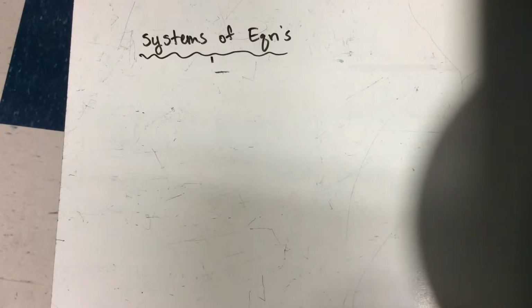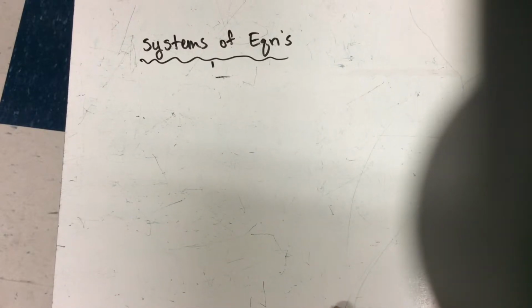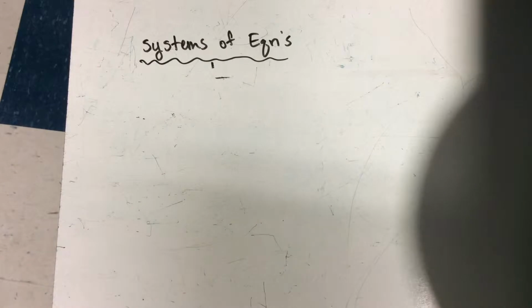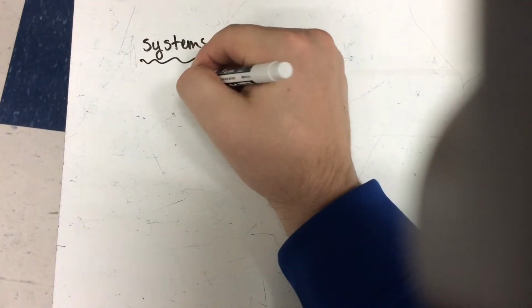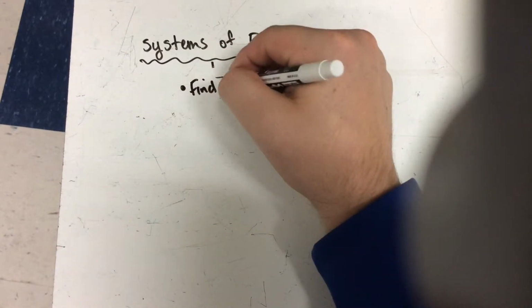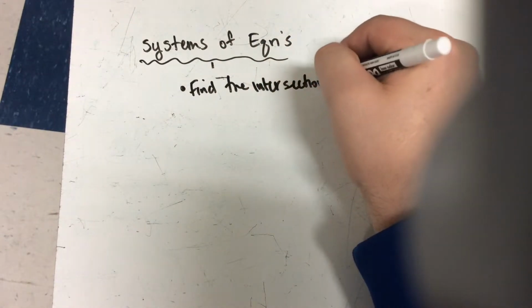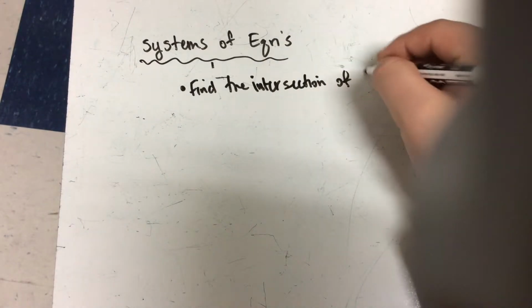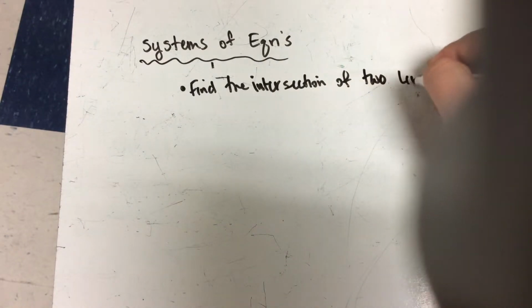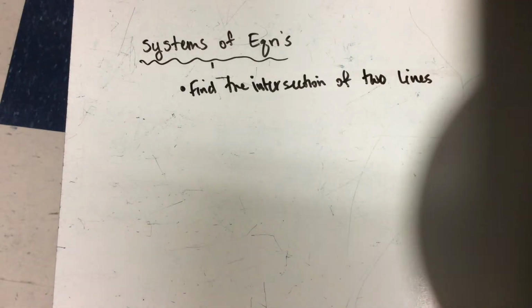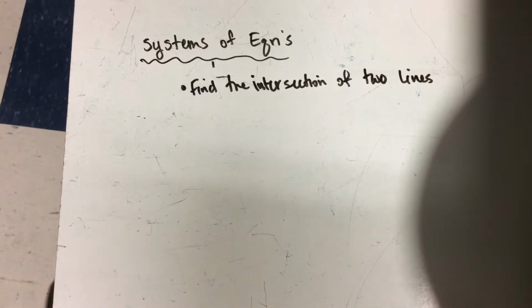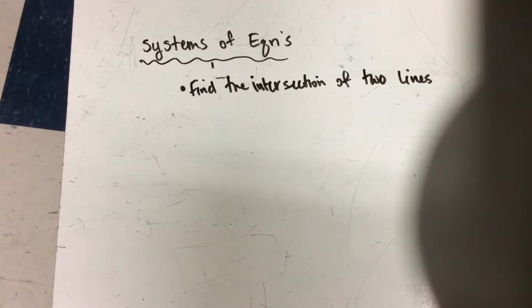Let's jump back into what we were working on at the end of the semester, which was systems of equations. The reason we were doing these systems of equations was to find the intersection points of two lines. We've just been dealing with lines so far, but you can use systems of equations to find the intersection of really any function you want.